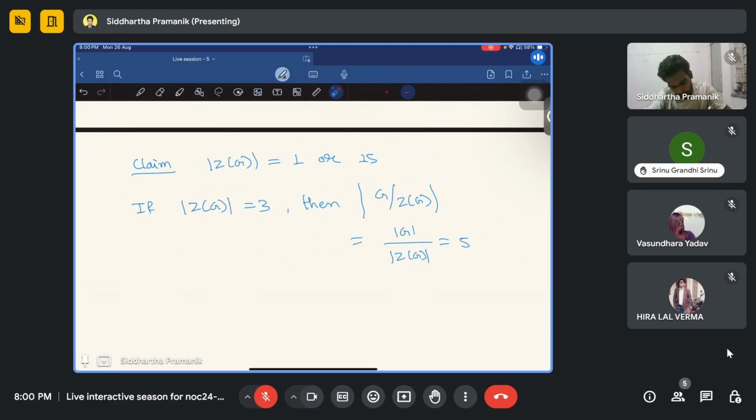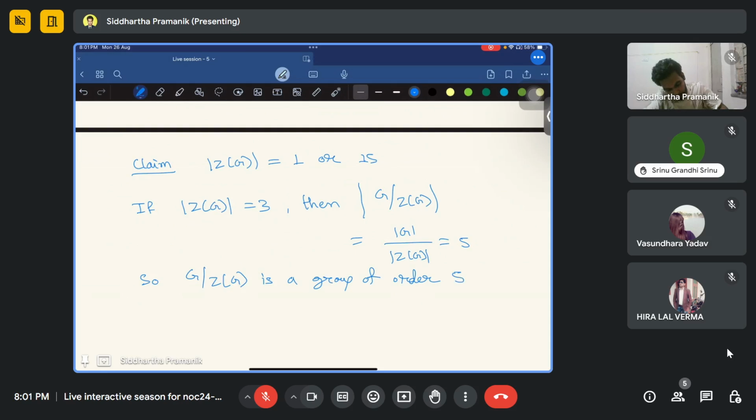Okay, so G mod ZG is a group of order 5, a prime number. But a group of prime order must be cyclic.